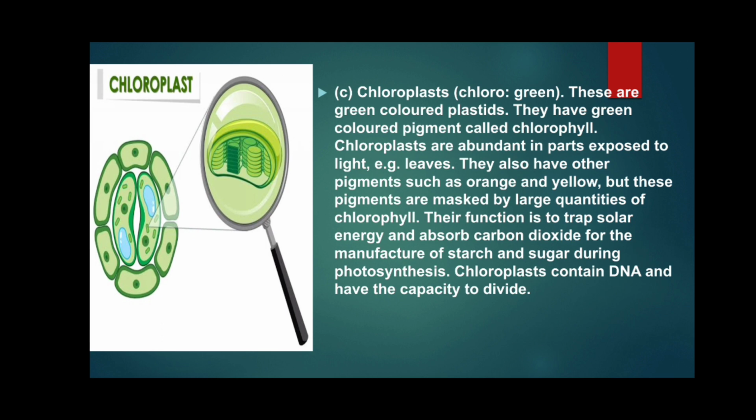Glucose is utilized by the plants for growth and development, whereas oxygen is utilized for respiration, by plants and animals both. Plastids also have their own genetic material, that's why plastids have the ability to divide themselves. This is also a semi-autonomous organelle.